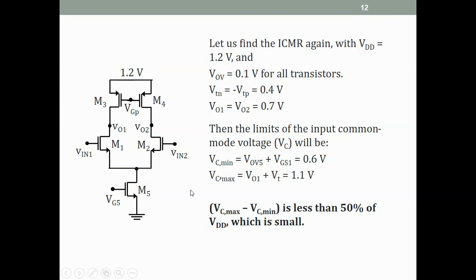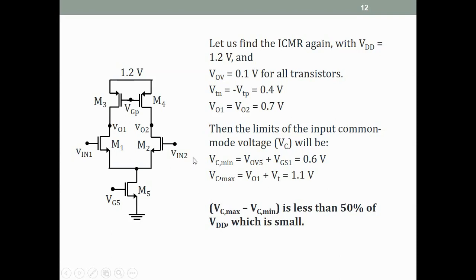But people said, well, Moore's law is being followed and everything is shrinking, so VDDs will shrink, and as VDDs shrink, the input common mode range will become very small, and that is not a good thing. So that is when people started thinking about what to do.